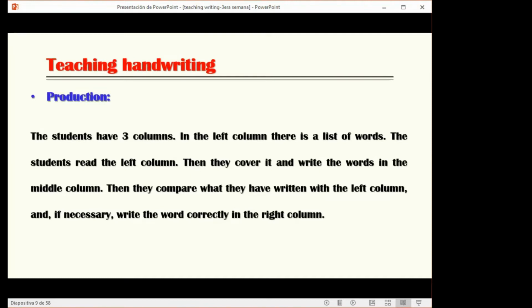So they read this list of words, then they cover it, or you cover it if you're working on a board, with a piece of paper or cardboard, and your students are going to write the words in the middle column. Then you can uncover it and they can compare. If it is okay, that's it. But if it's not okay, they could write the word again in a correct way in the right column.